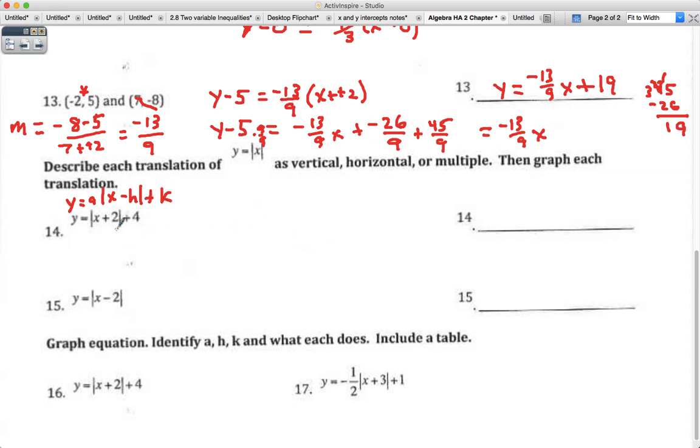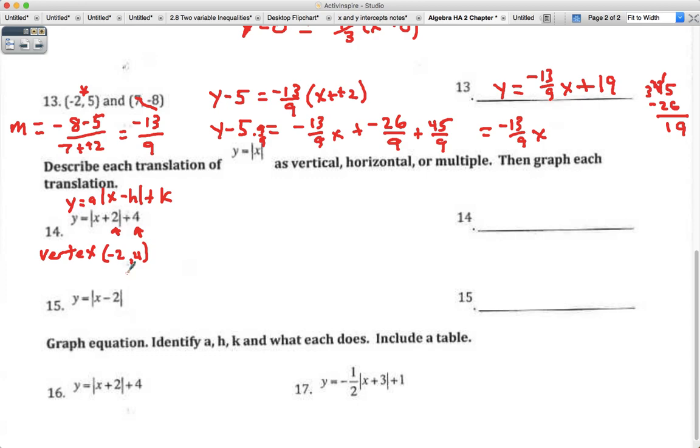This is my horizontal movement. This is my vertical movement. My vertex for this one is going to be negative 2 and positive 4. It's negative 2 because the only way it would have changed the sign is if this was negative 2 to change this sign to a plus sign.